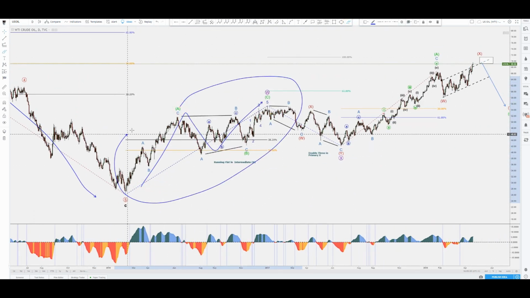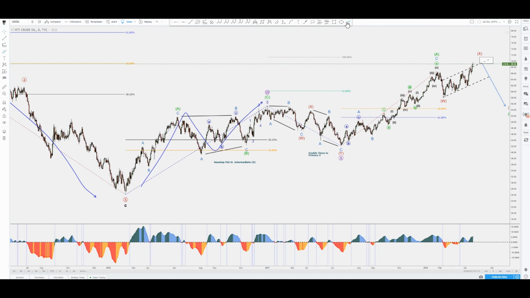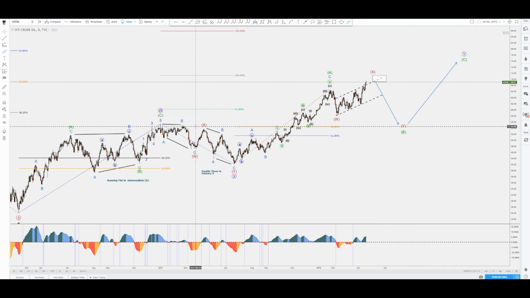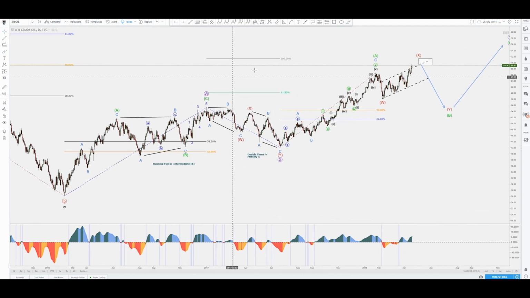So this is correction. This correction is correcting that move, but this correction is correcting this correction, right? So in other words, there's a conflict of degrees.